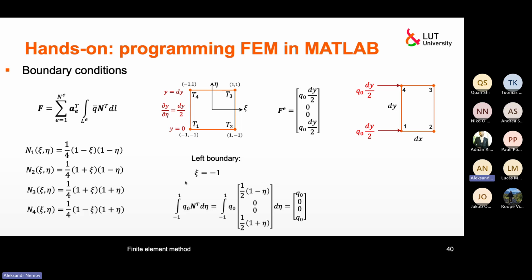So this has been done in local variables, and I need to do this transition. This transition is done with the determinant of the Jacobian of this transformation. In this case, I only need to care about one coordinate because I only have an integral along the eta coordinate.